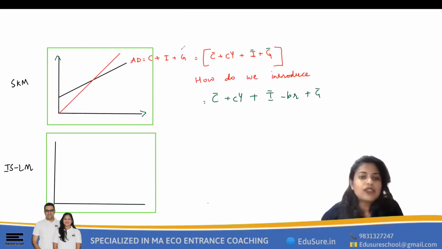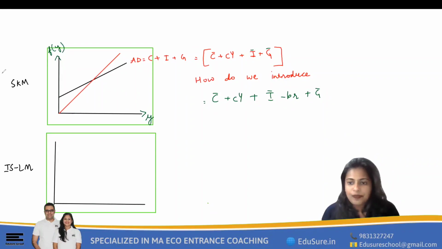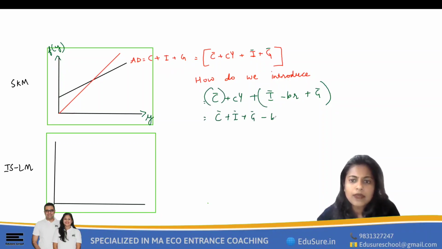Okay, so we are back to SKM. SKM remains a single variable model: you have Y on the x-axis and expenditure on the y-axis. The intercept of the AD curve is still C bar plus I bar plus G bar minus BR.